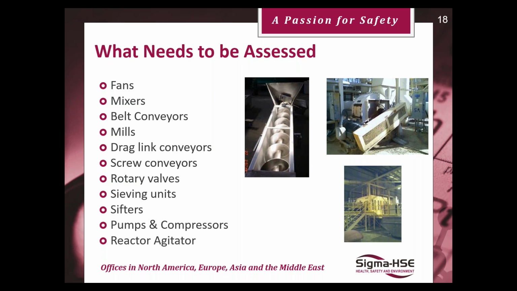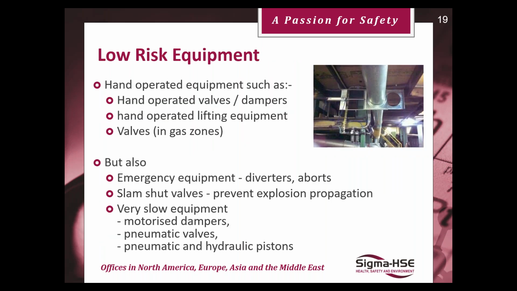Usually it's fans, extraction fans, mixers, belt conveyors, mills, conveying systems, sieving units, pumps. A majority of the equipment on the list is dust handling equipment, but we do it for vapor, so flammable liquid handling equipment like the pumps, compressors, any valves in that as well, reactor agitator, that's quite common. As I mentioned, it can also be low risk equipment.